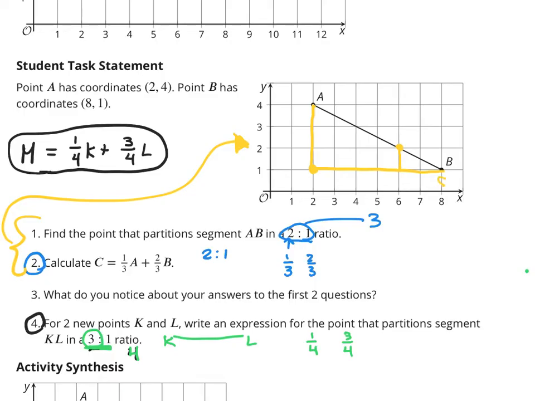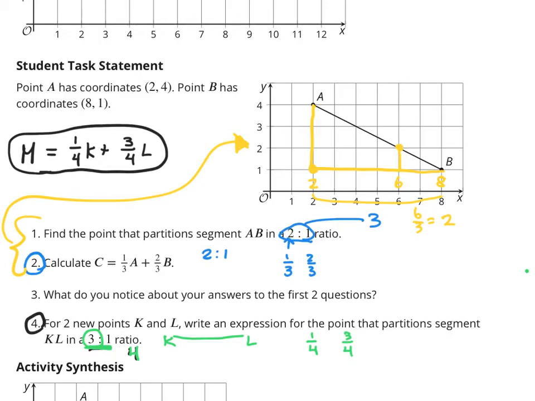So 8, 6, and 2, similar triangles to figure out the distance from 2 to 8 is 6. I need 3 separate pieces, so each piece is going to be 2. The distance from 2 to 8 is 6 units: 1, 2, 3, 4, 5, 6.